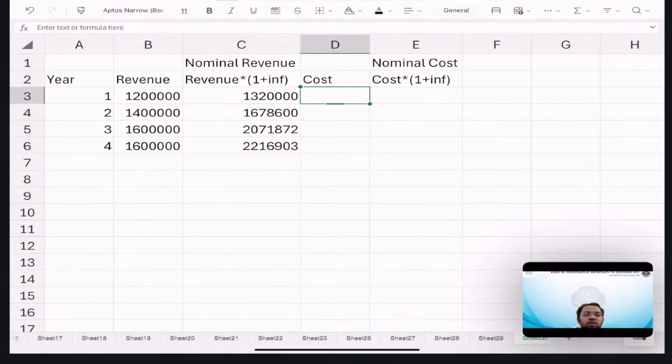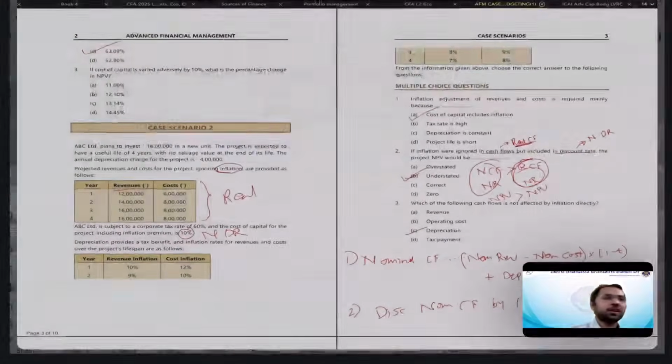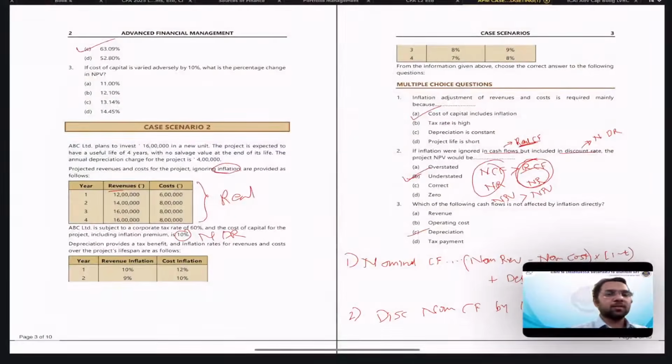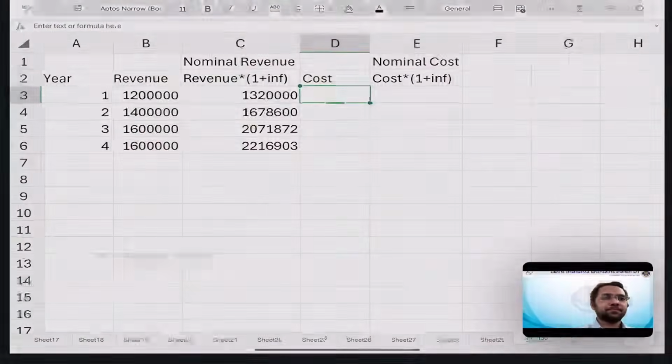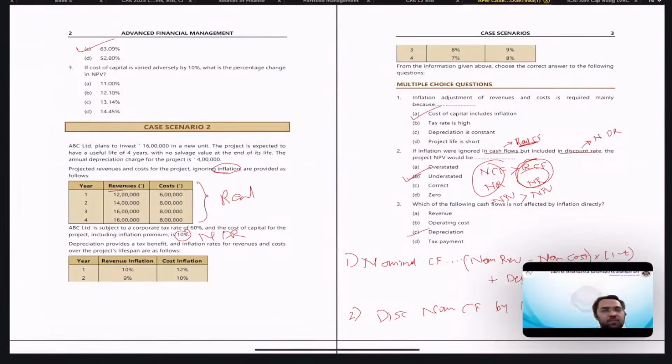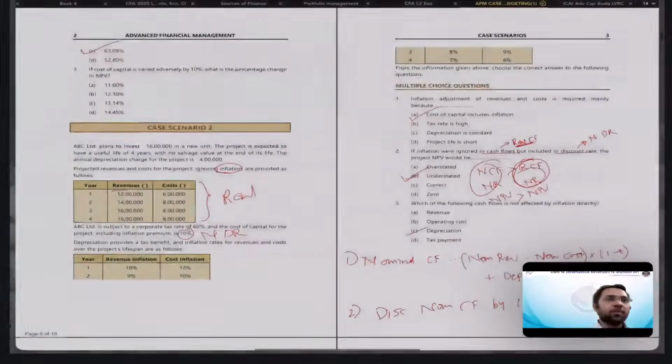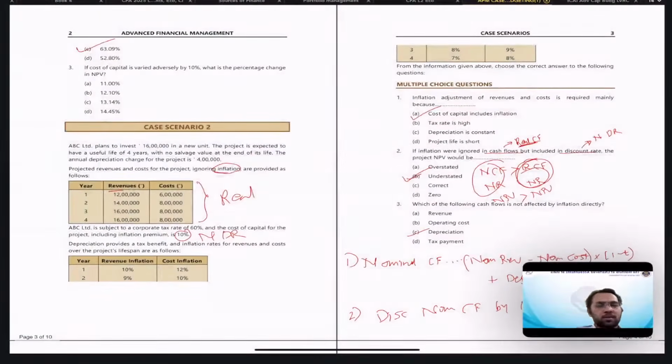And then what is going to be the cost? Write out the cost and get the nominal cost, guys. Try to get the nominal revenue, nominal cost, subtract it and get the nominal cash flows. First, provide me this nominal cash flow, then we will take it up with the discounting.